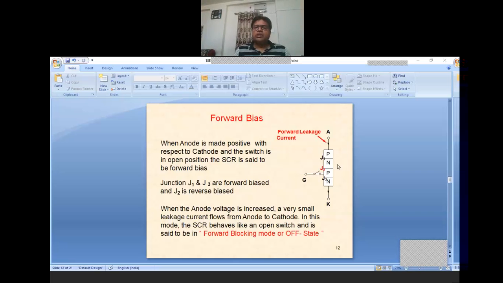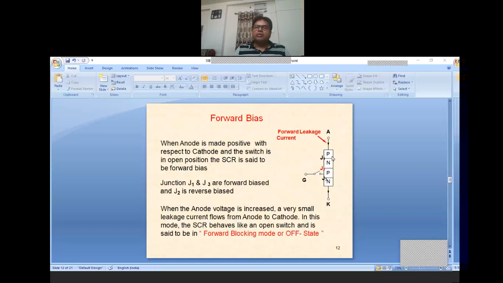As anode is connected to positive, the outer P layer, where holes are the majority carriers, will get repelled from the positive terminal and try to enter the junction J1, whereas the electrons available in the inner N layer will get attracted towards the positive terminal and flow into the junction J1.